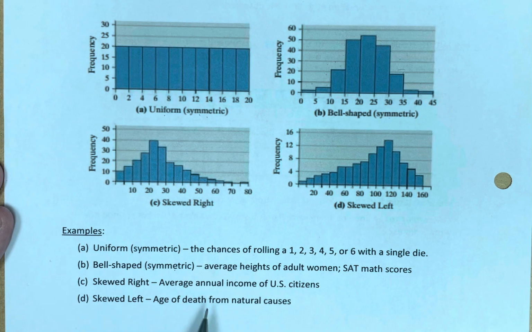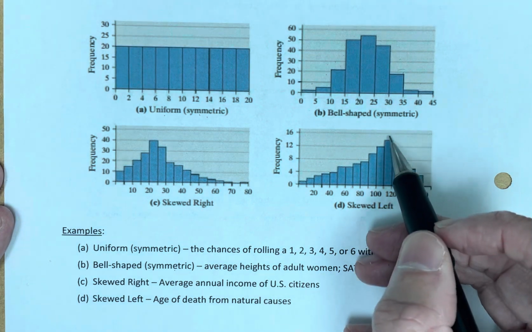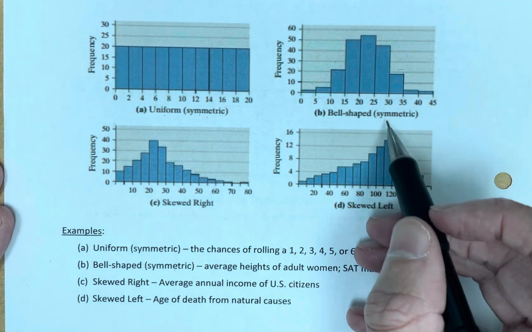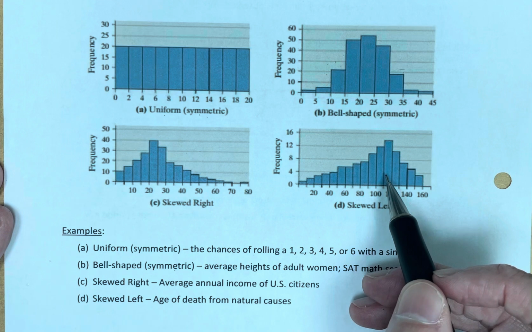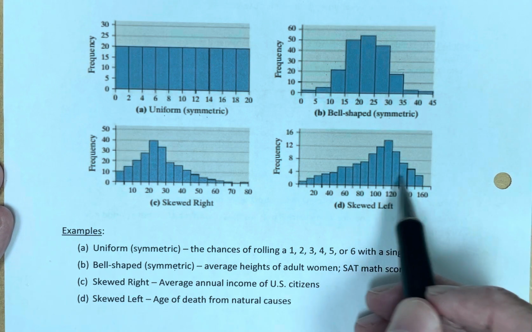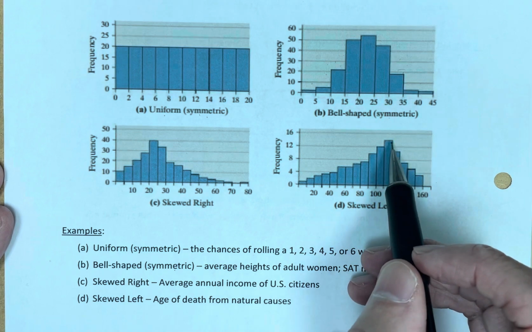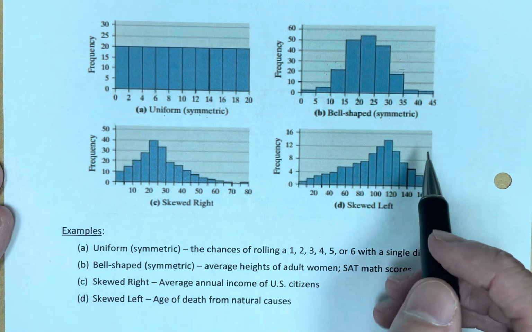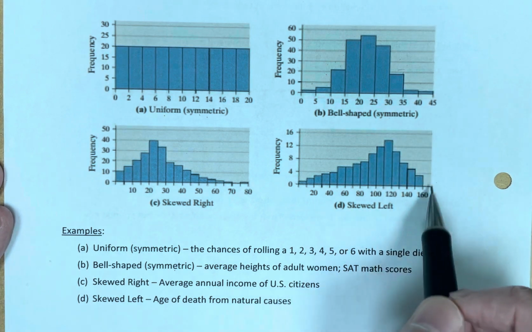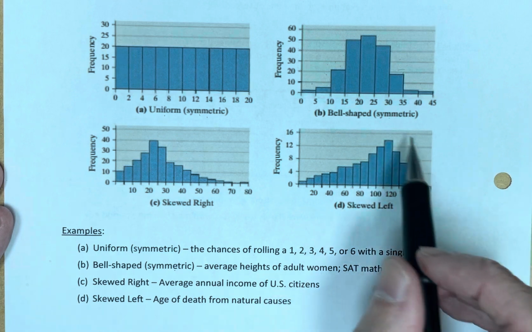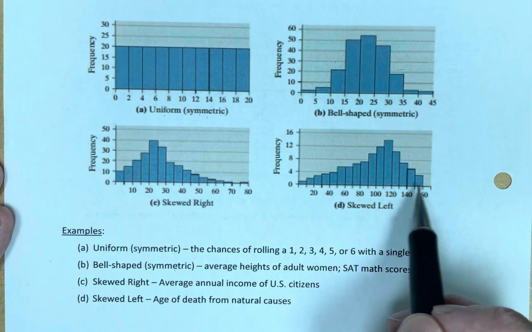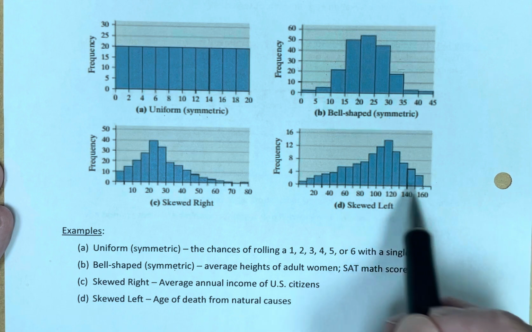Skewed left, age of death from natural causes. Most people are dying at a later age from natural causes, and there aren't too many that get a whole lot older than that. Let me say that again. There are a fair number of people that are in that area, but there aren't too many ages that are greater than that average.